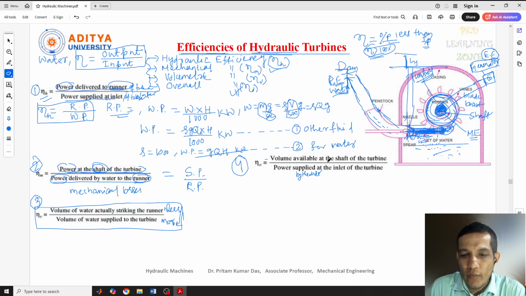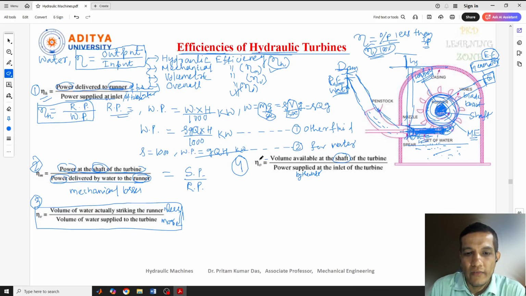This is the power available at the shaft of the turbine, in the sense that this is nothing but the shaft power.